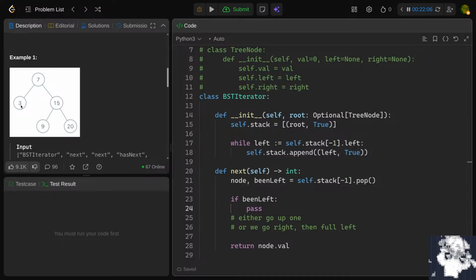We've always gone left. The question is, have we gone right? No. So you go down to this, and then you go up. Then you've gone left, but you're trying to decide, do you go right or do you go up? And you'll always have gone left.